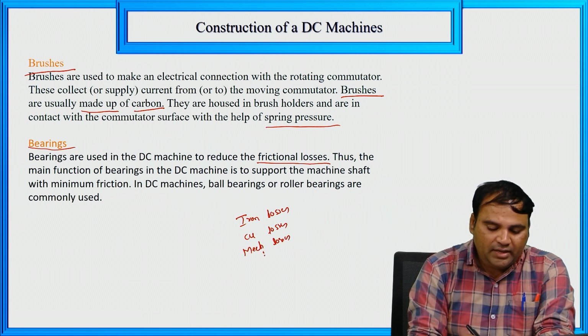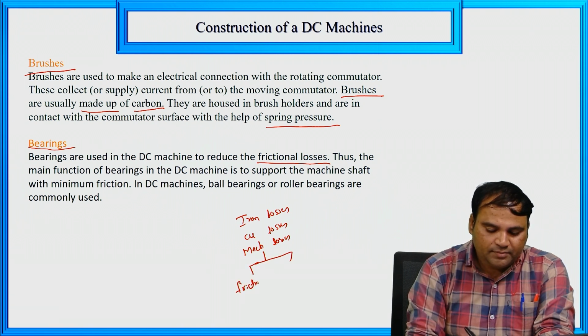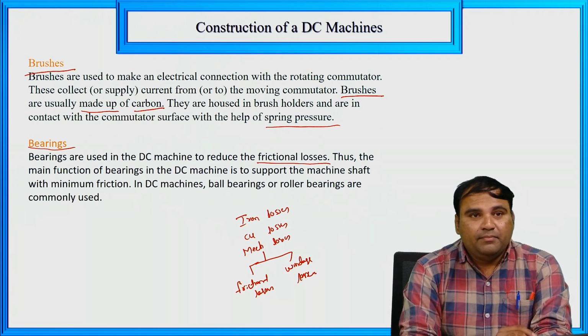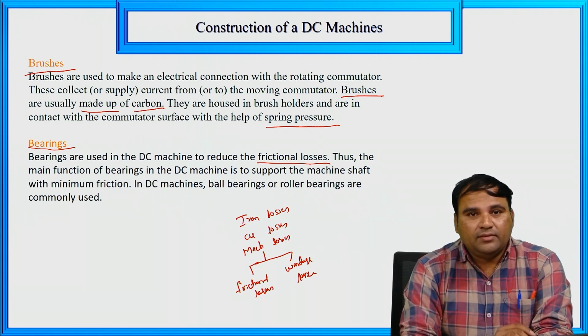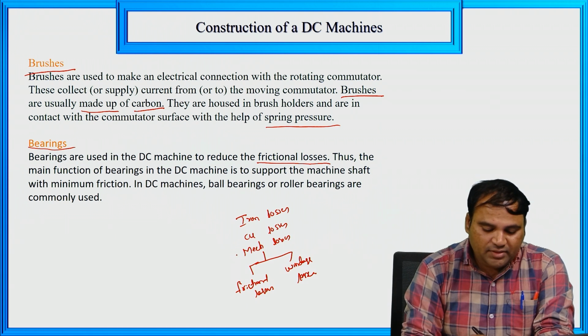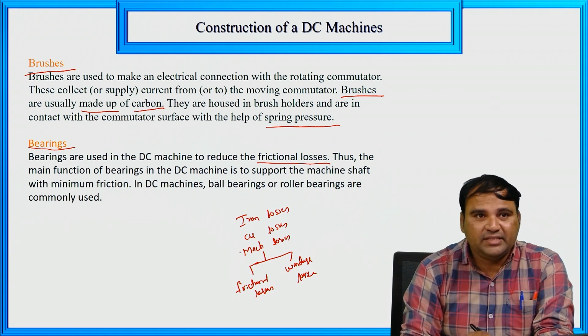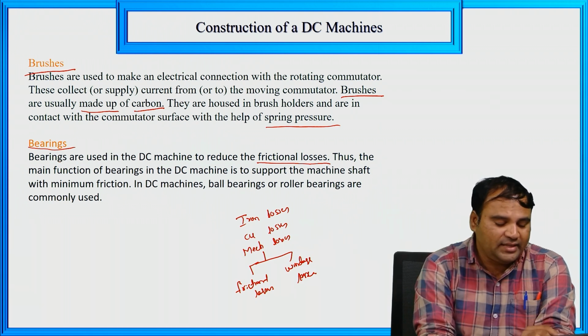The mechanical losses consist of frictional losses and windage losses. These mechanical losses occur at the shaft of the DC machine, and the bearings are connected at the shaft.